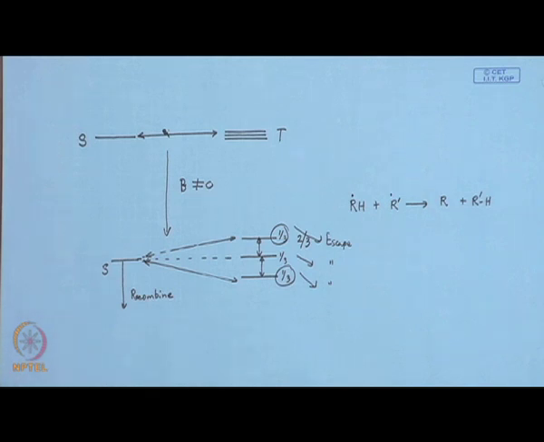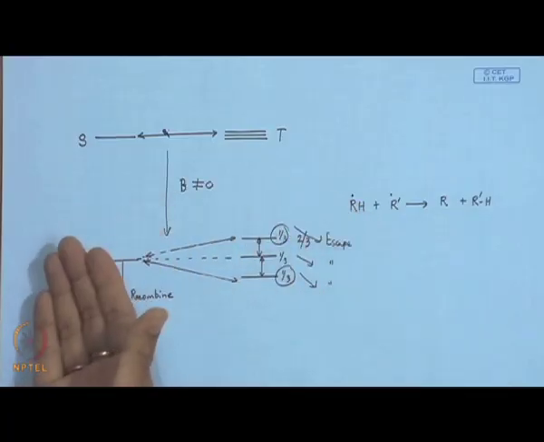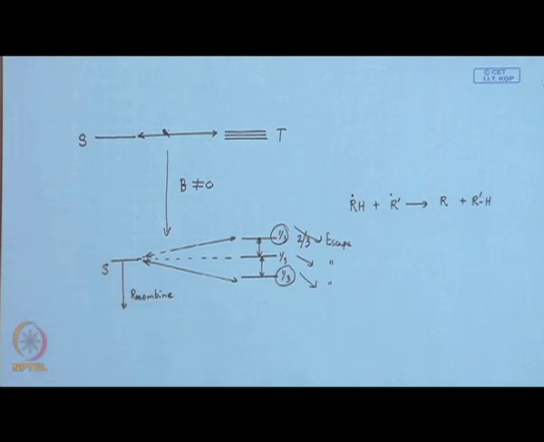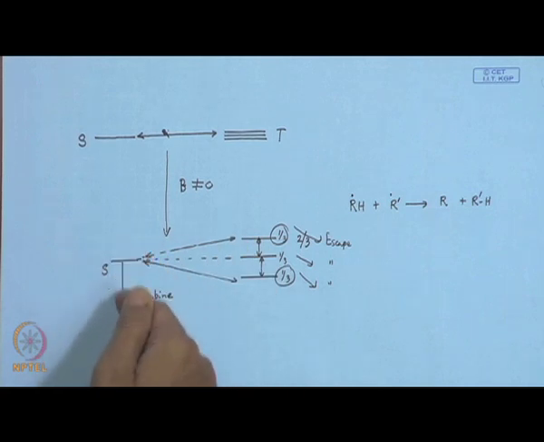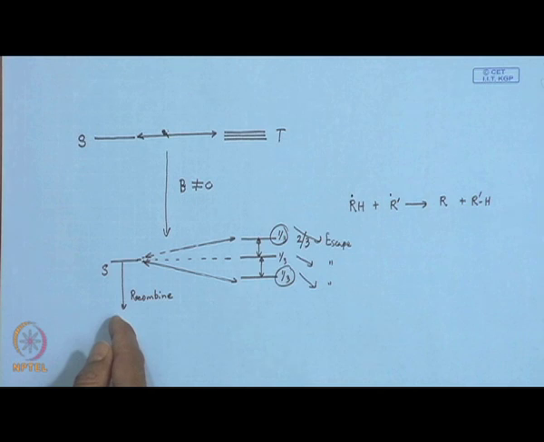So, when there is no external magnetic field, these triplets could have the option to move to singlet, or they may escape. But since this channel is producing recombination product, more recombination may be expected, because it is a very fast process.